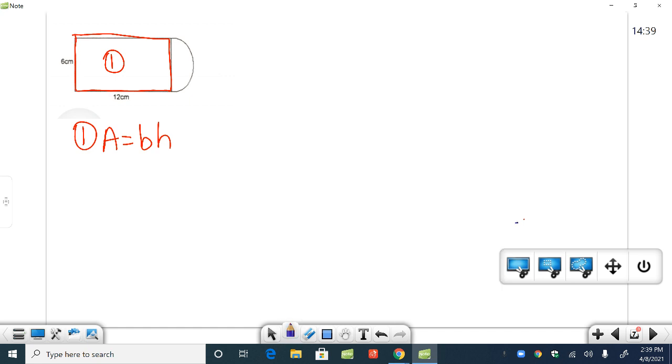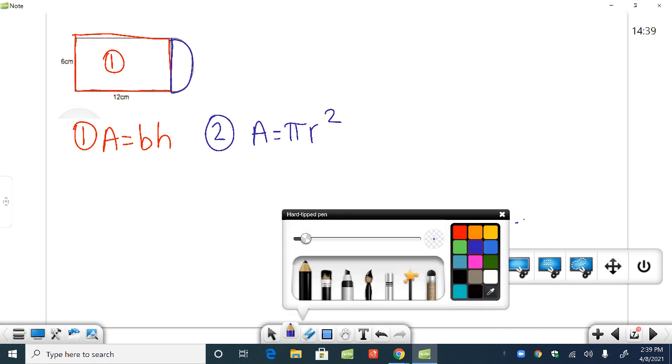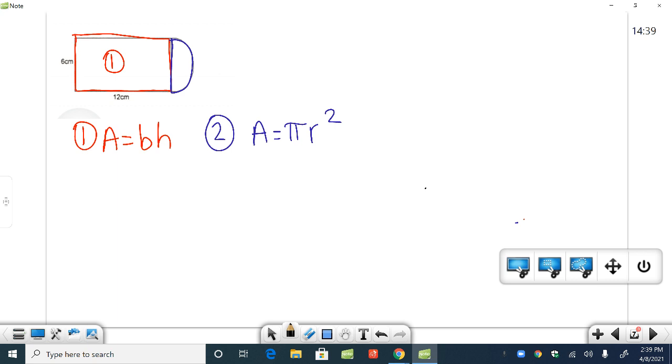Then we've got shape number 2, which is a half circle. So now let's go into our shape and put what we know. This side over here is 6 centimeters, so that means this has to be 6 centimeters. And that's really all we need.